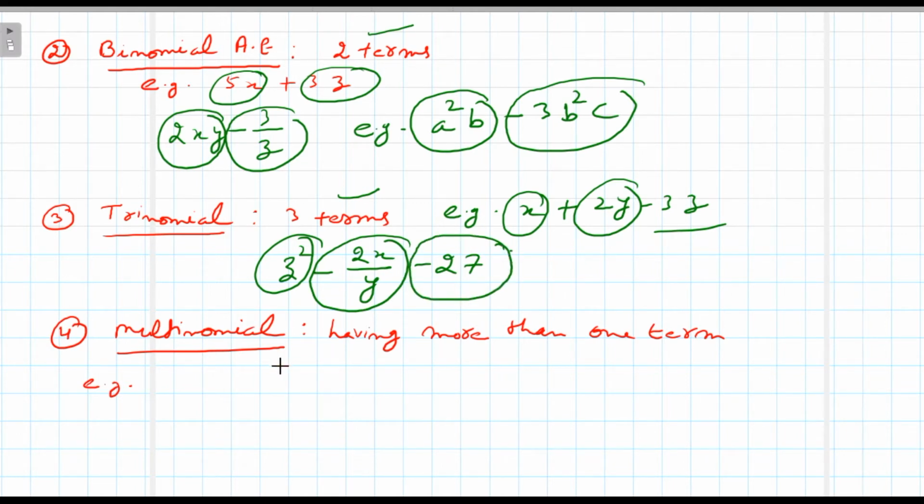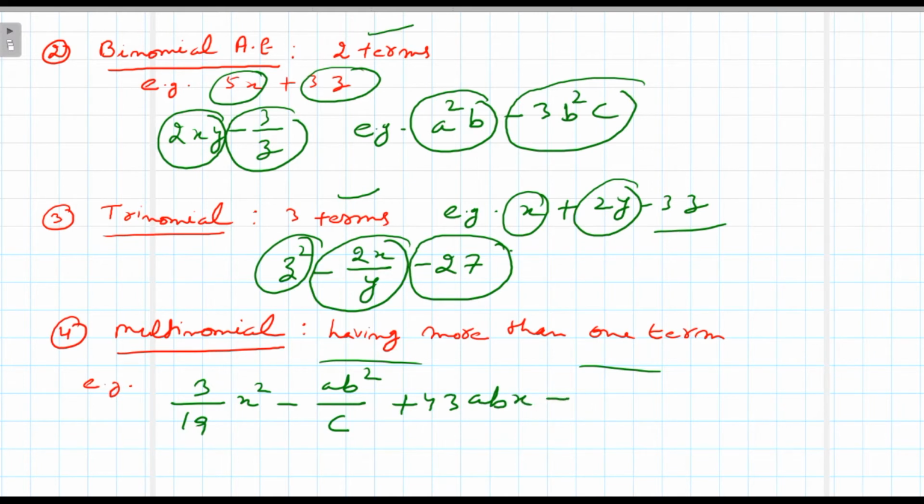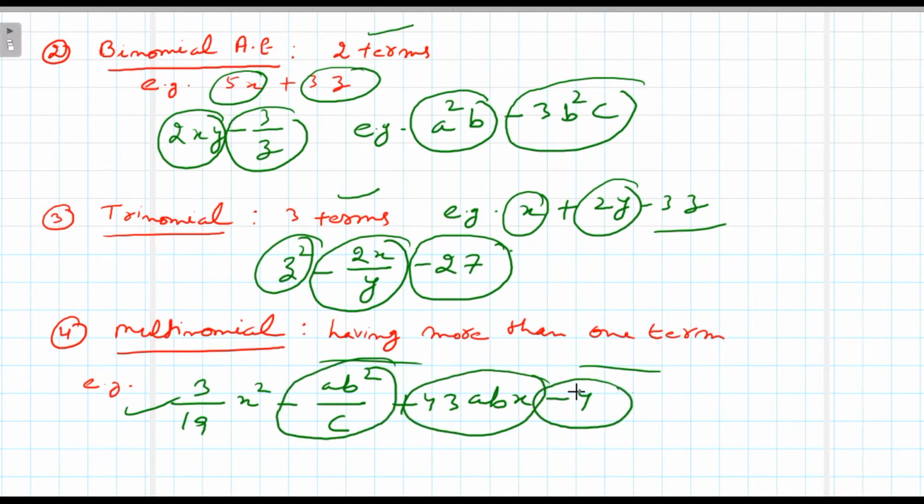So multinomial has more than one term, these are all multinomial, more than one term. So if I write a multinomial, 3 upon 19 x square minus ab square upon c plus 43 abx minus 4, this has 4 terms, 1, 2, 3 and 4, right?